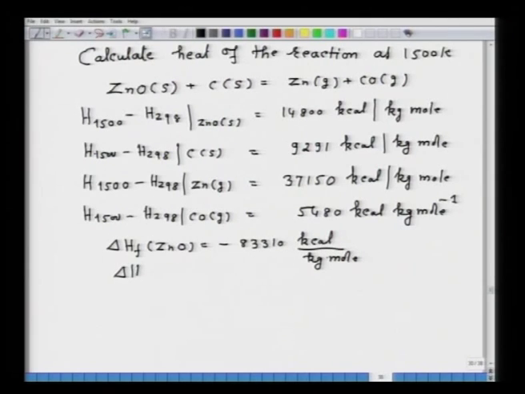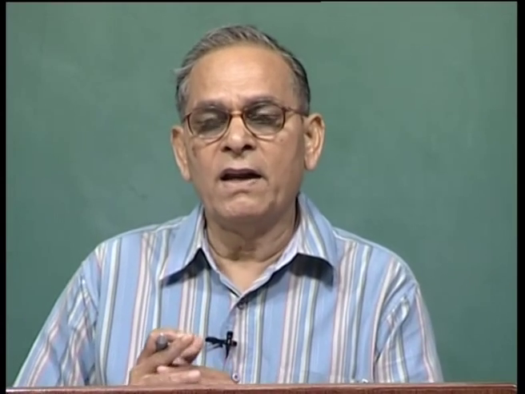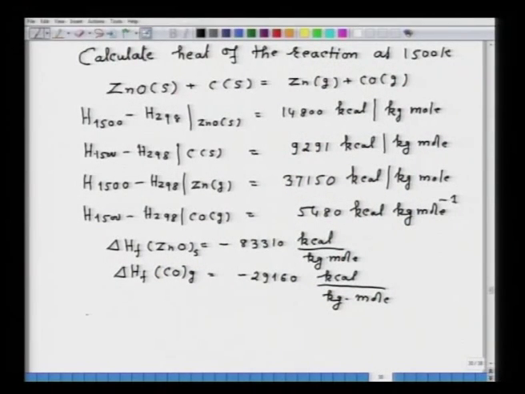Delta HF CO in the gaseous state is equal to minus 29,160 kilocalorie per kg mole. So, you see, in calculating the heat effects, you have to collect a large number of values, and it is very important that you collect the right values in the right state. That is important.